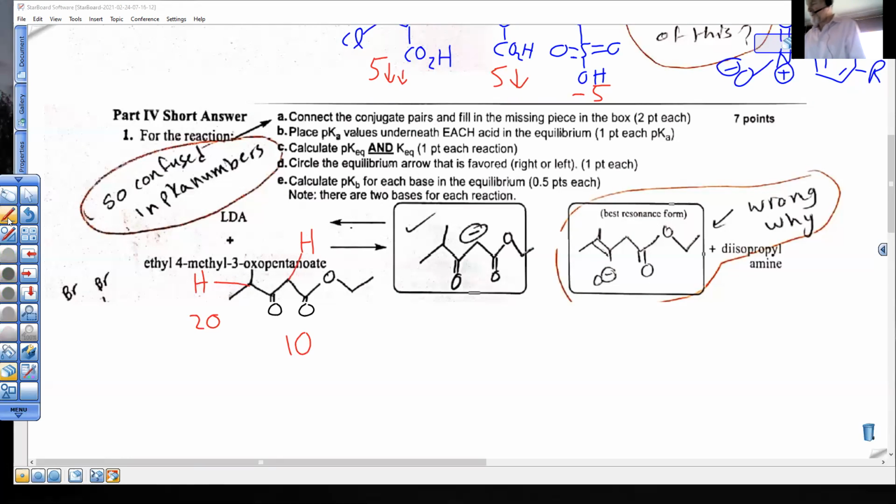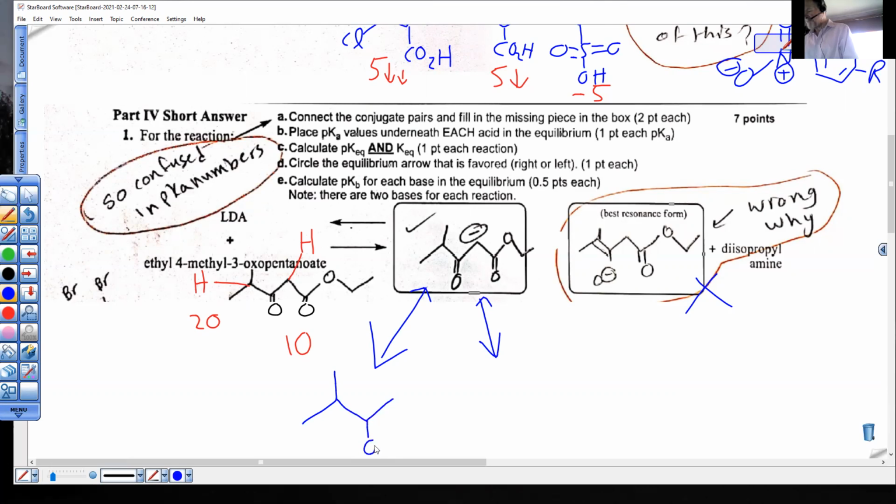This is related to a really better version and a slightly better version. And the two versions are the one that I wanted to see in the best resonance form box. Don't put what she put. Don't do that. In the best resonance form box, I want the one that resonates towards the ketone.